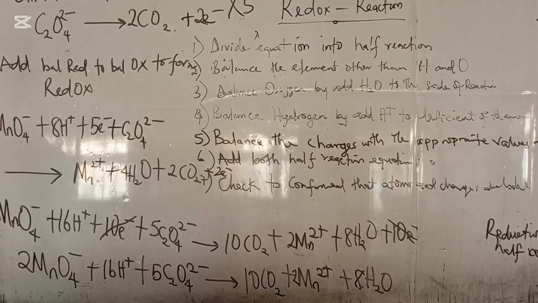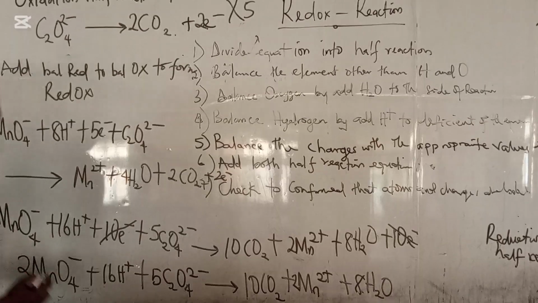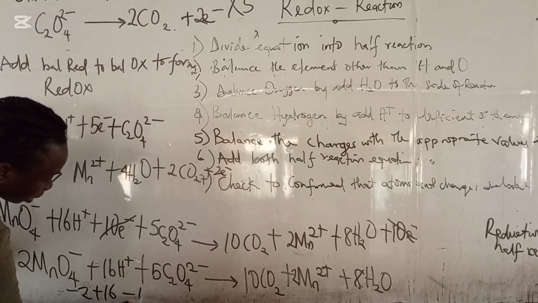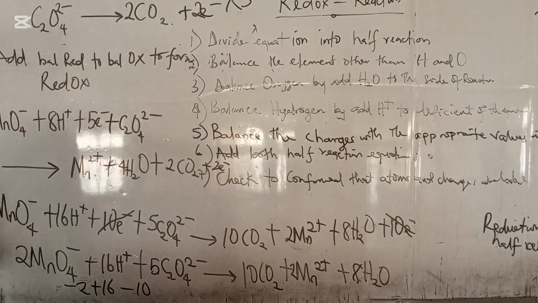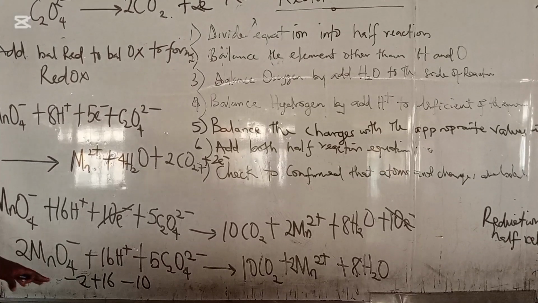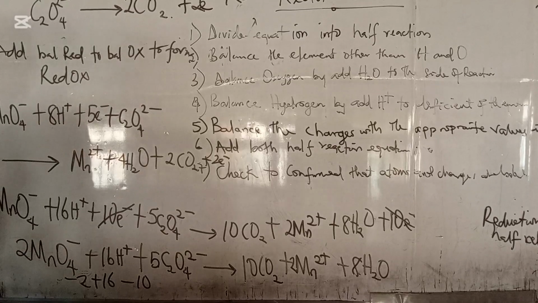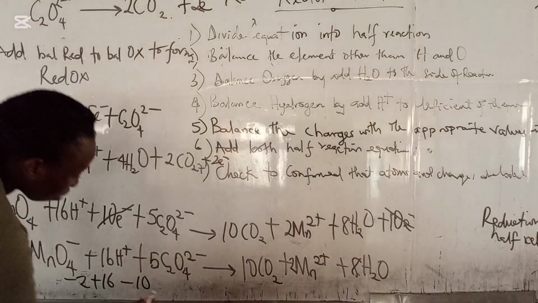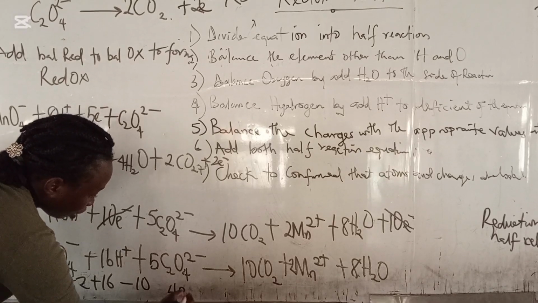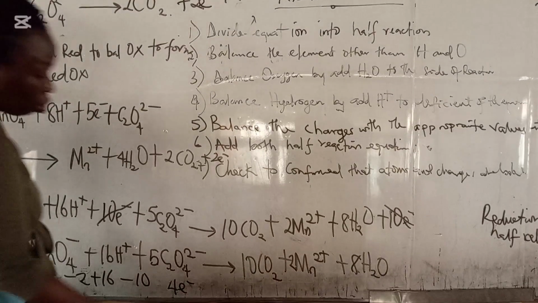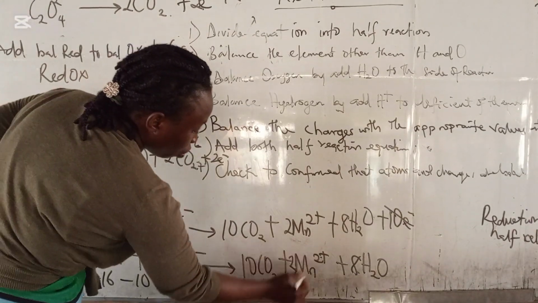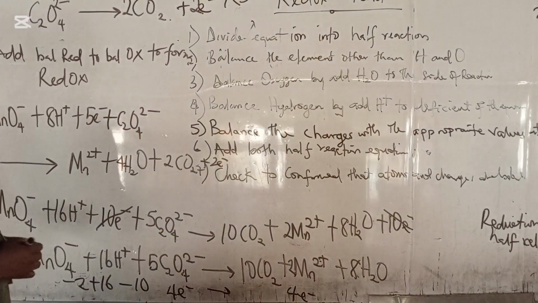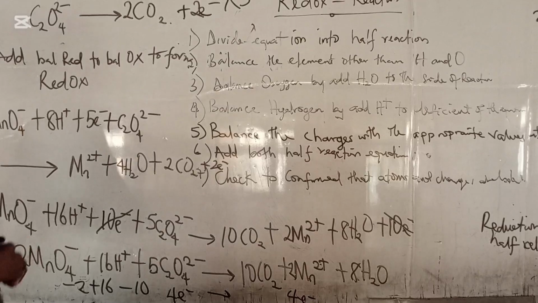Now the charges: minus 2 plus 16 minus 10, because 5 times 2 will give us minus 10. So when you press your calculator, you will have 4. And over here, 2 times 2 is 4. So you see 4, 4. The charges are also balanced.